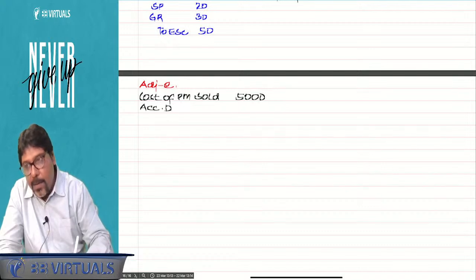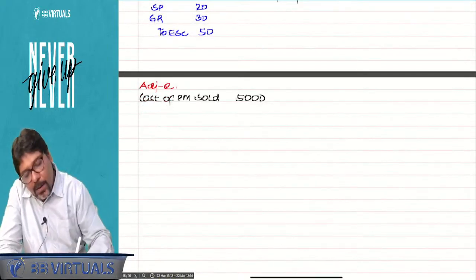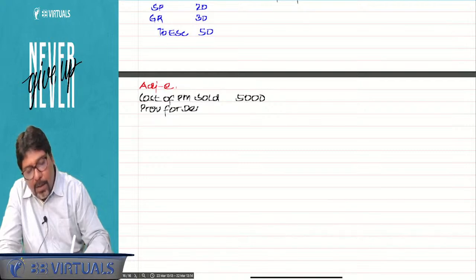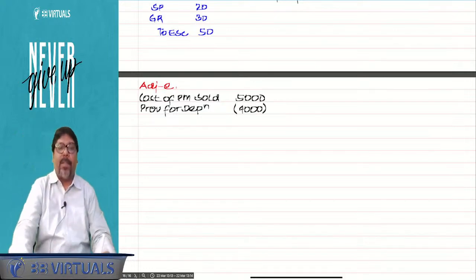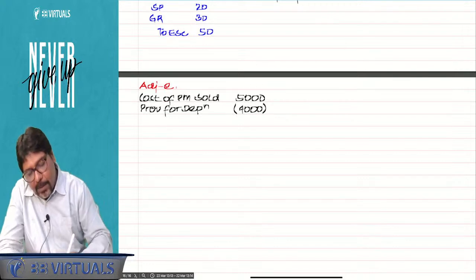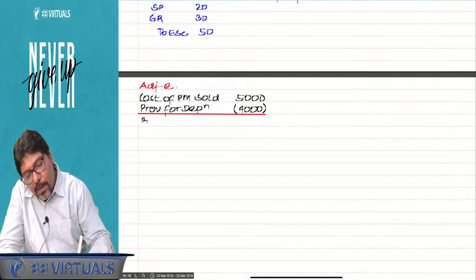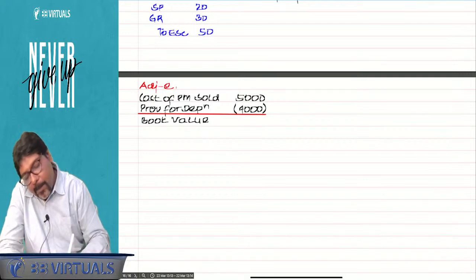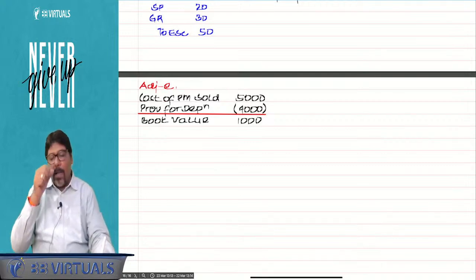Accumulated depreciation, the provision for depreciation on that, is how much? 4,000. Asset is of 5,000, depreciation is of 4,000. That means the book value of the asset, or written down value, whatever you want to call it, is how much? 1,000. Book value is 1,000.